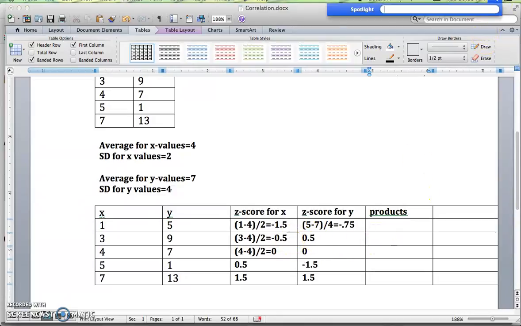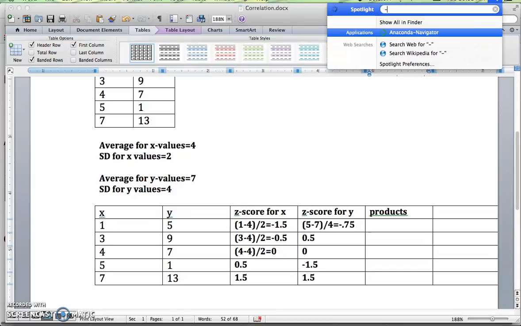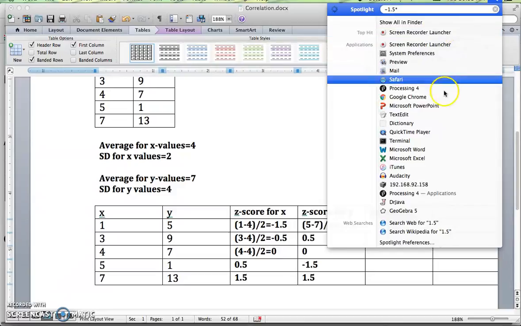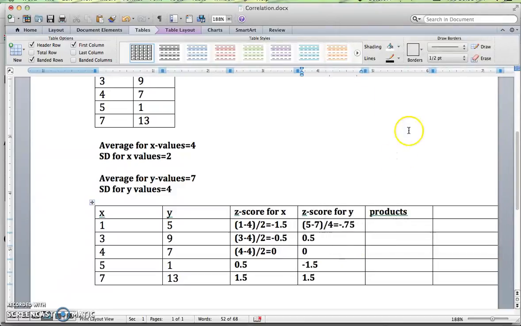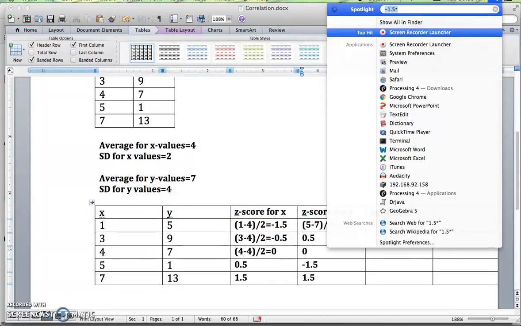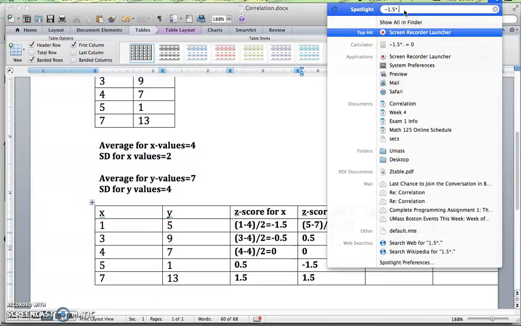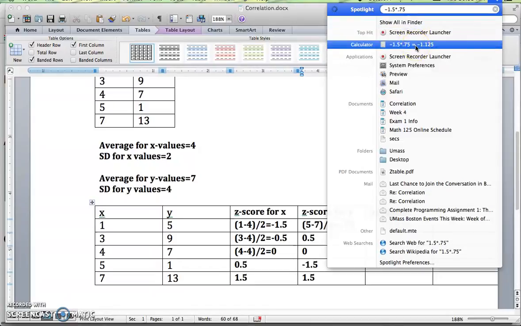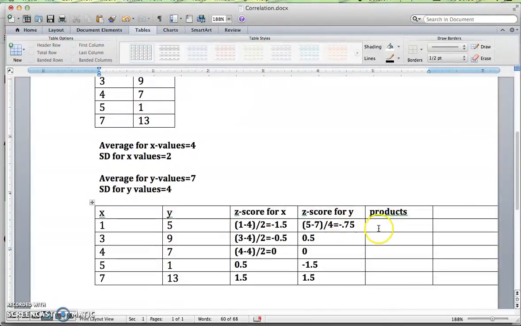So we do that. Let's use the calculator on here. Negative 1.5 times negative 0.75, and you have negative 1.125. So we can keep doing this.